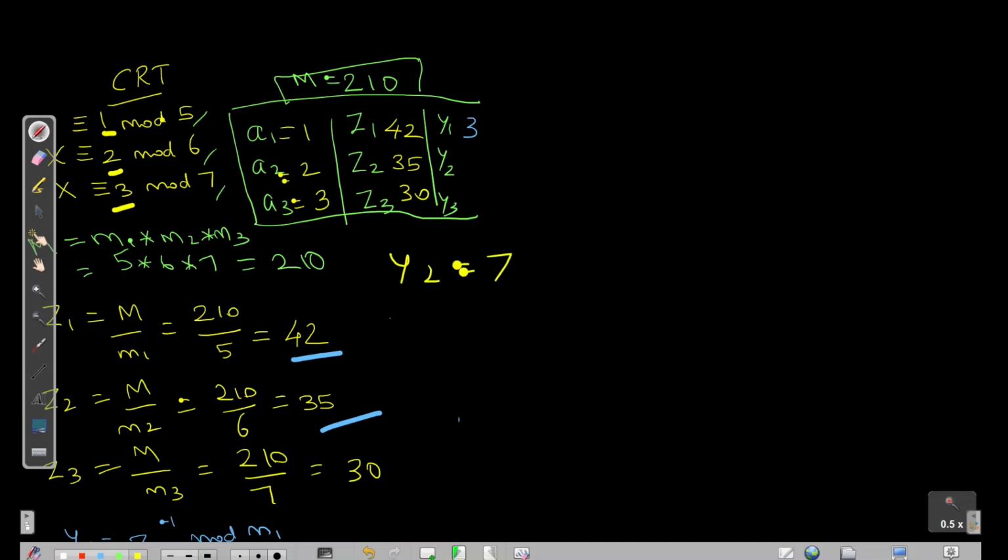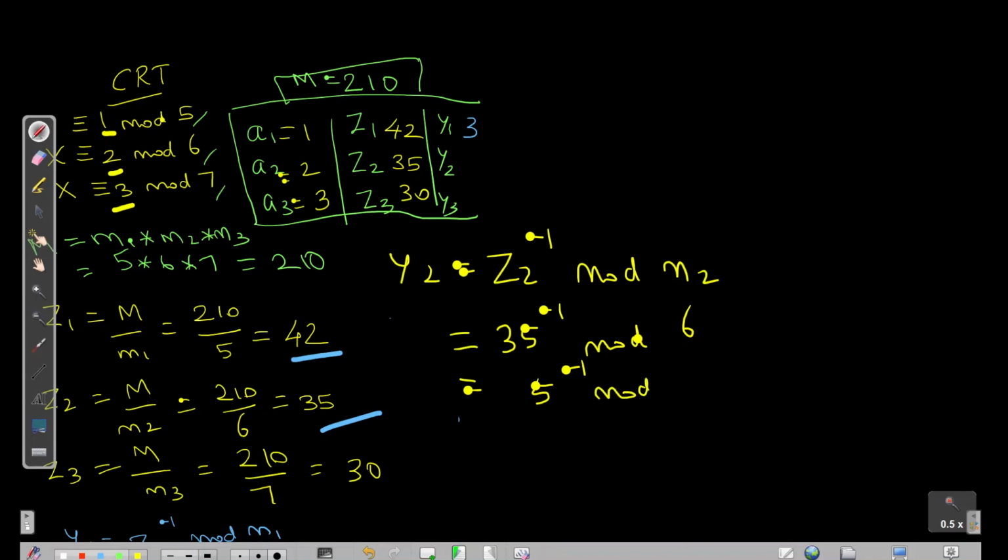So y2 equals Z2 inverse mod M2. So Z2 is 35, so 35 inverse mod 6. So bring into residue, 35 mod 6 is 5. 6 fives are 30. So 5 inverse mod 6.